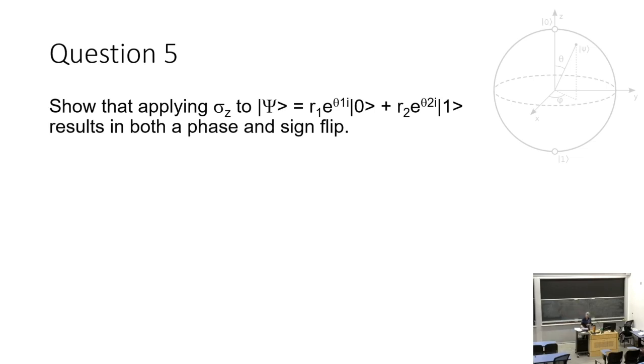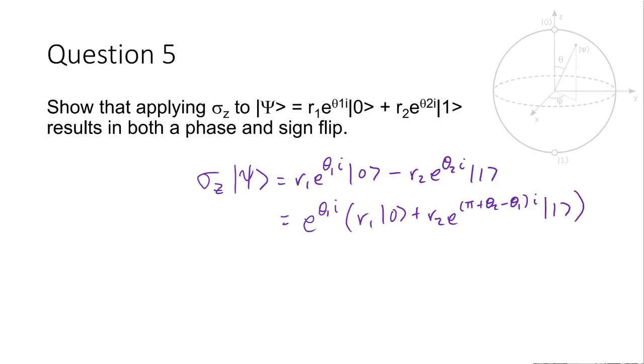Yeah, so we can pull the e to the i theta 1 out, for example. We can write it as r1 |0> plus r2 e to the i times (pi plus theta 2 minus theta 1) |1>.